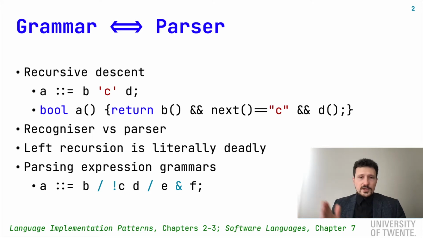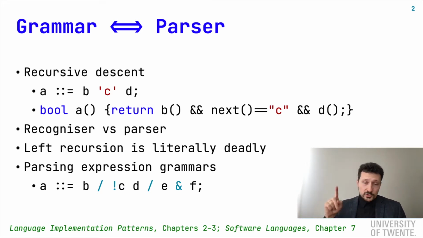And there is a generalization of this recursive descent thing, which is called parsing expression grammars, where instead of a choice, they use the slash, which is an ordered choice. So they only try the second choice if the first one is impossible, and they only try the third one if the second one is impossible.